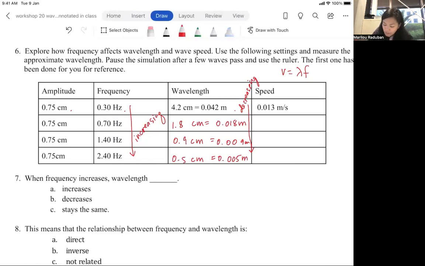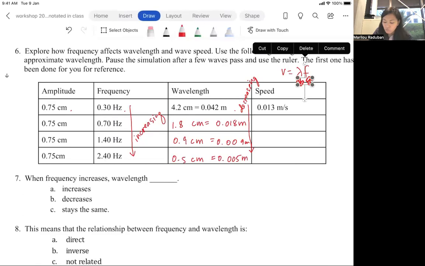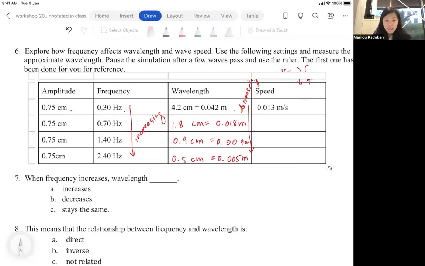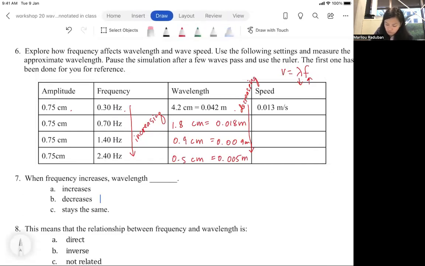An increase in one sort of cancels out the decrease in the other. So you'll find that if you do calculate the speed, you should get almost the same speed.